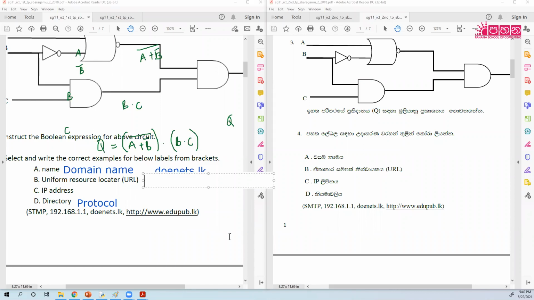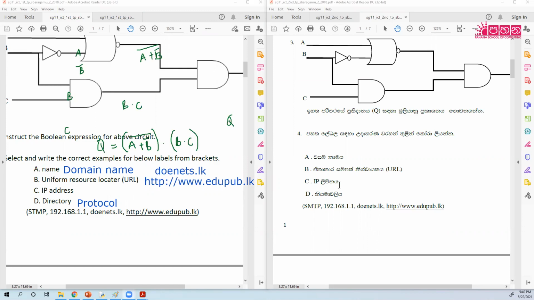So we can say, okay, so the B is http://www.edupub.lk. So this is called URL in short, but this is simply the web address.